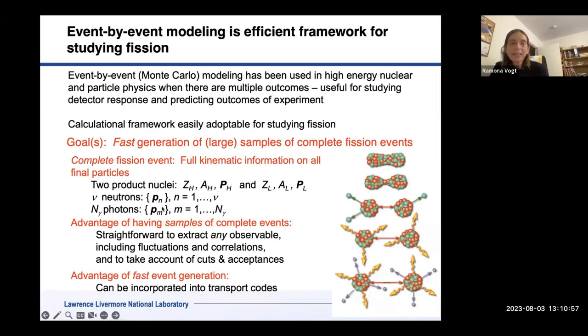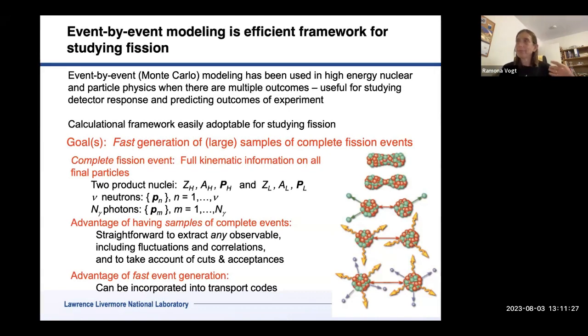So this calculational framework is easily adaptable for studying fission, as I kind of just described. And we want to have a fast generation of large samples of complete fission events, which means full kinematic information on all the final particles, basically the two product nuclei. After the neutrons are emitted, you have the fission products, which are different in mass number, but not in charge.